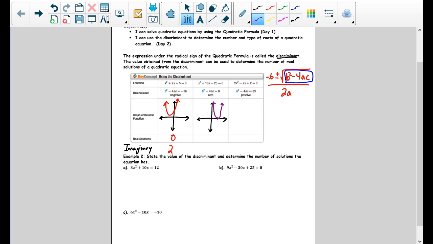So this vertex is right on the x-axis. So there's really only one real solution, 0 imaginary solutions. And a lot of times we'll call this a double root.